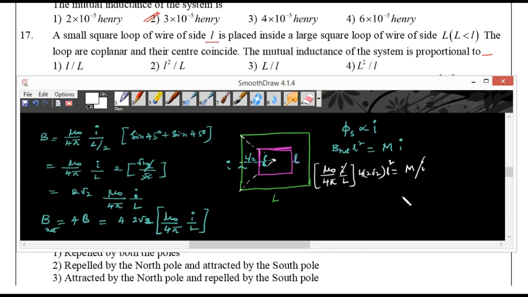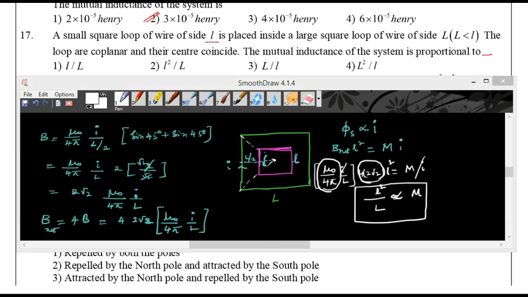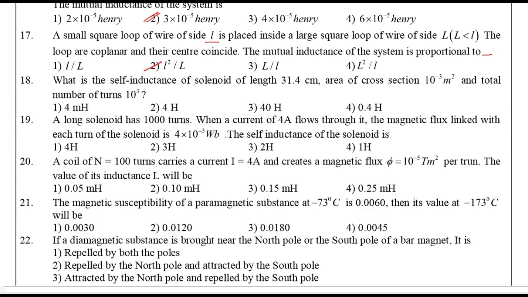So we get M. Now mu naught by 4 pi is a constant value, 4 and 2 root 2 is a constant value. So M is directly proportional to small l square by capital L. So second option is correct.